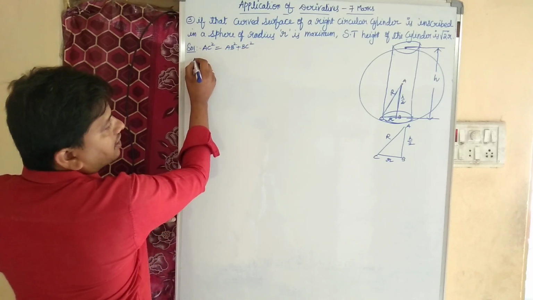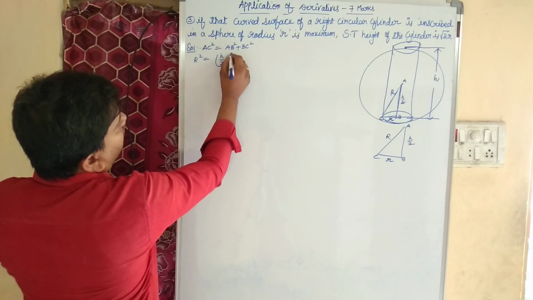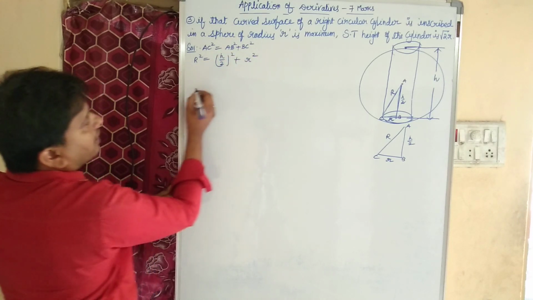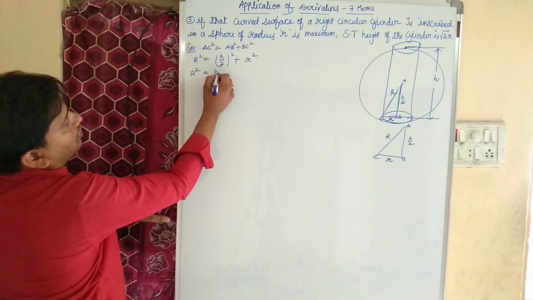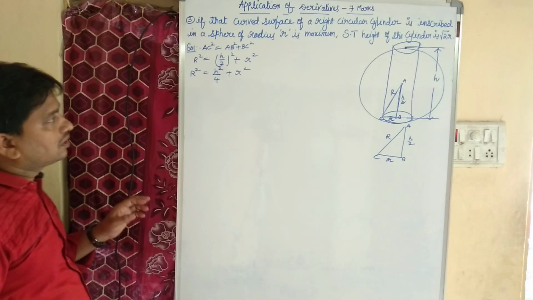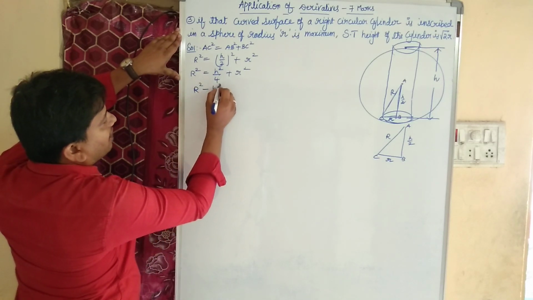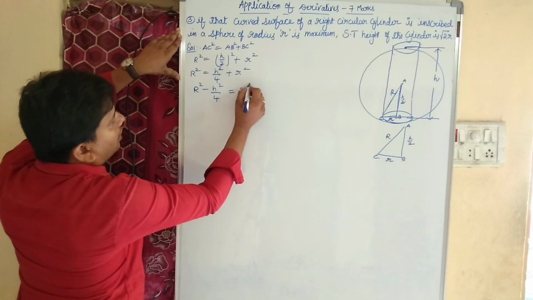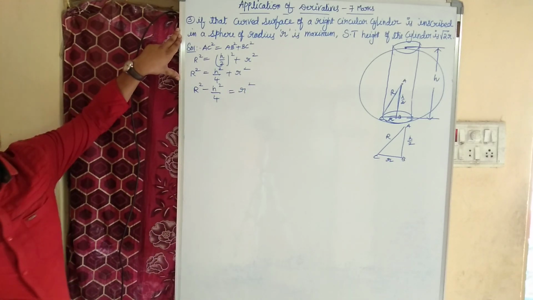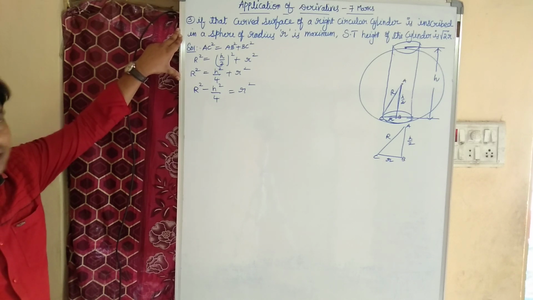So AC is capital R square equal to AB is h by 2 whole square plus BC is small r square. Capital R square equal to h square by 4 plus r square. Right? So h square by 4 you transpose this side, capital R square minus h square by 4 equal to r square. So r square equal to capital R square minus h square by 4.